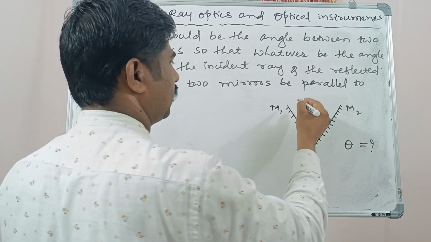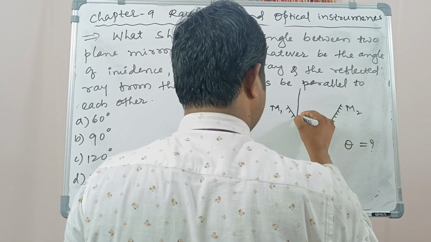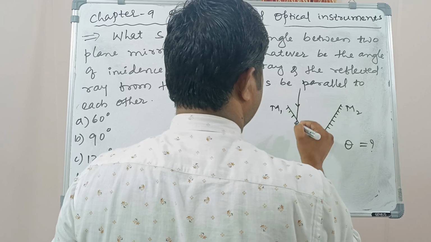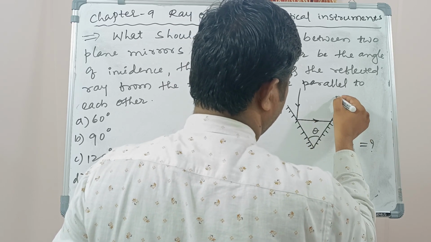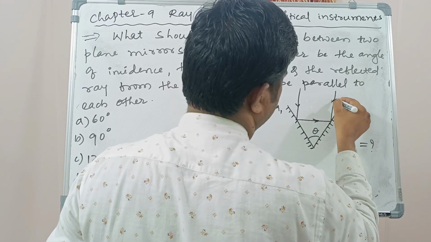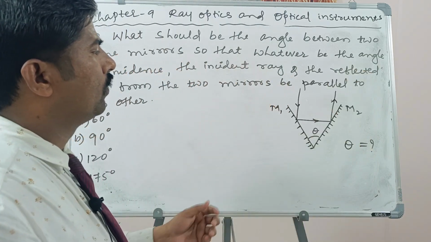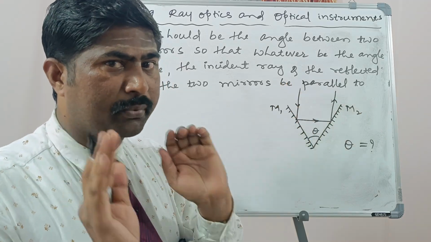Let us consider this. Let's say you have incident a ray of light like this. Then it will strike here. Then it will go like this. Now these two rays are parallel, but they are represented in opposite direction.